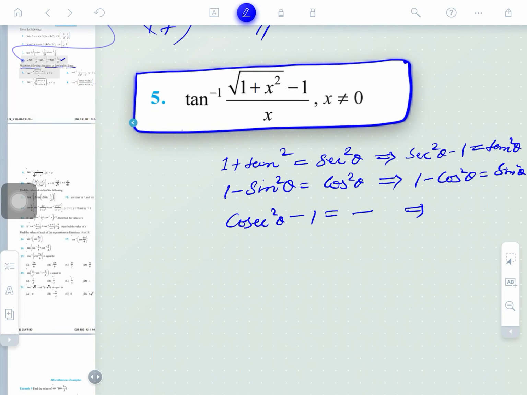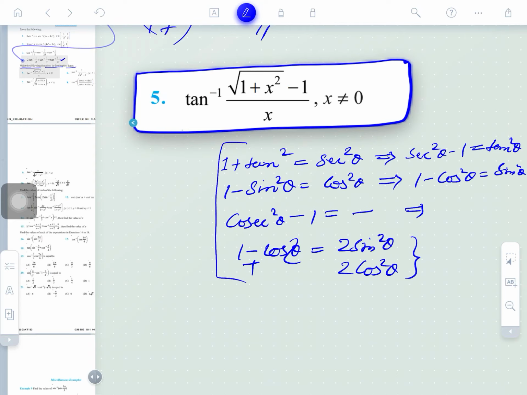Or also 1 minus cos 2 theta is equal to 2 sine square theta, and in plus we'll take 2 cos square theta. This type of identity we have discussed in previous classes.